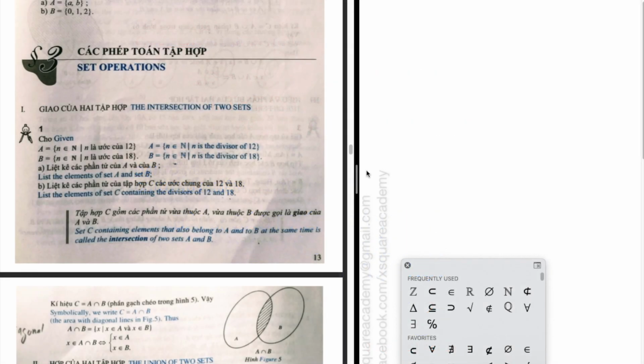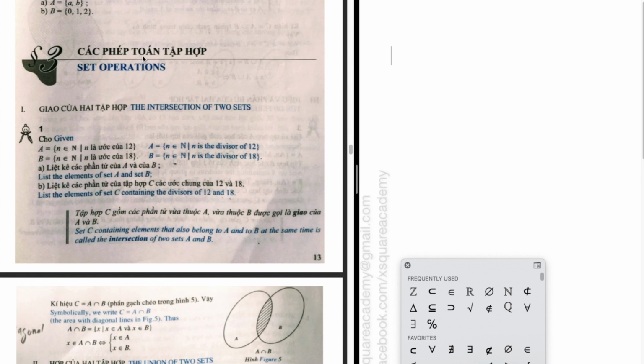Lesson 3, we will learn about set operations. This is the most important lesson of this chapter, and you often use theories in this lesson to solve exercises in the next chapters.